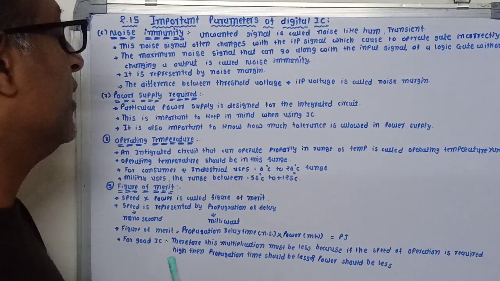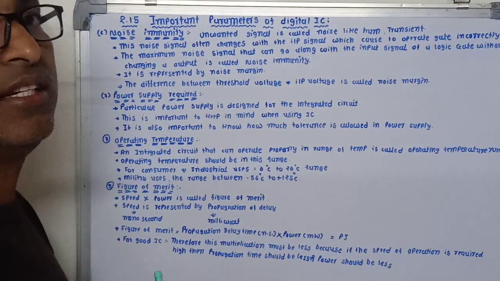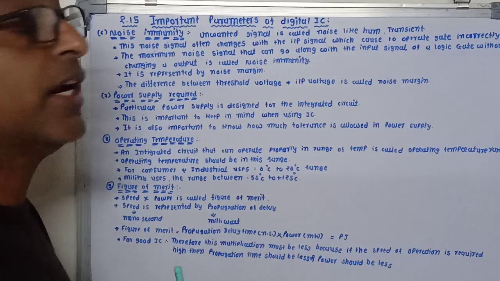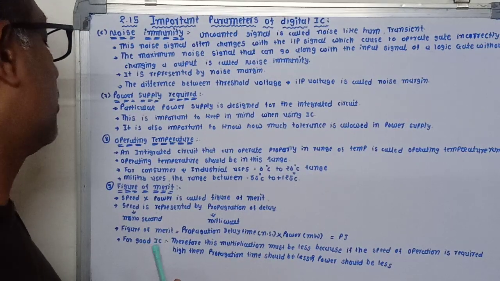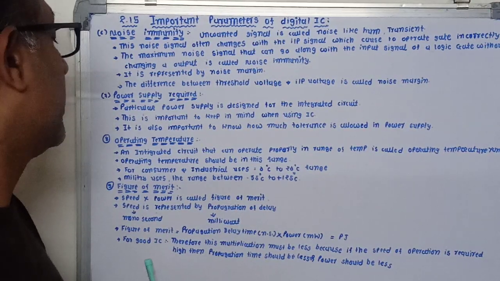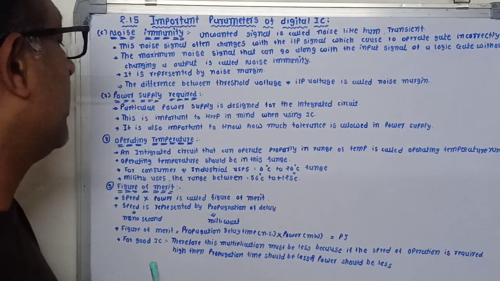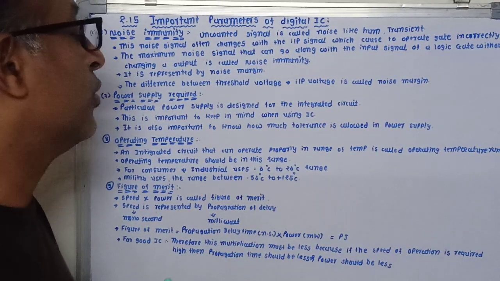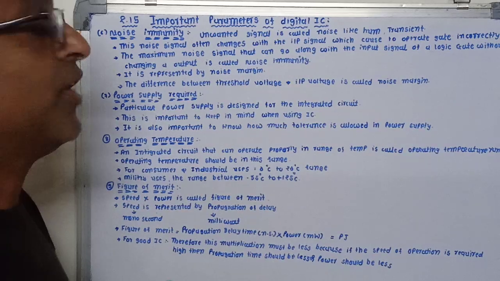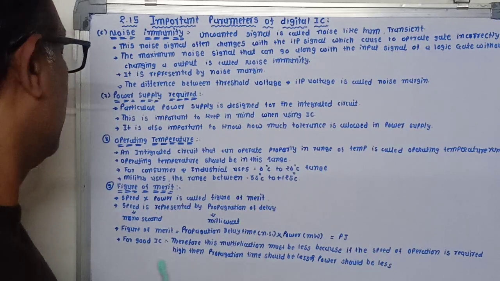For consumer and industrial uses, the range available is between 0 degree centigrade to 70 degree centigrade. For military uses, the operating temperature range is between -55 degree centigrade to +125 degree centigrade.